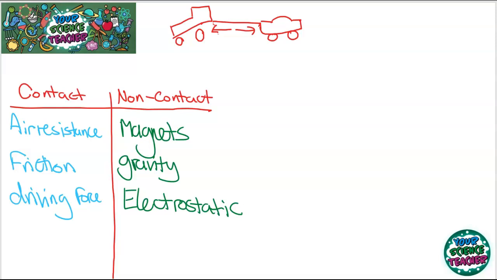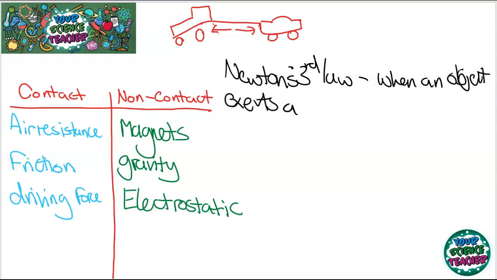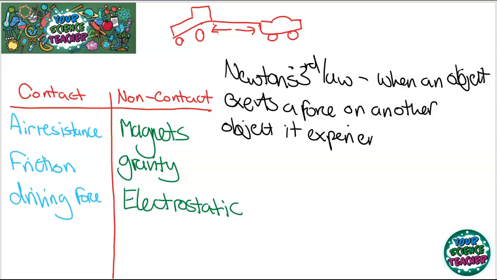Newton came up with a law about forces, showing how objects interact with each other when a force is applied, and this is called Newton's third law of motion. And Newton's third law states that when an object exerts a force on another object, it experiences an equal and opposite force.